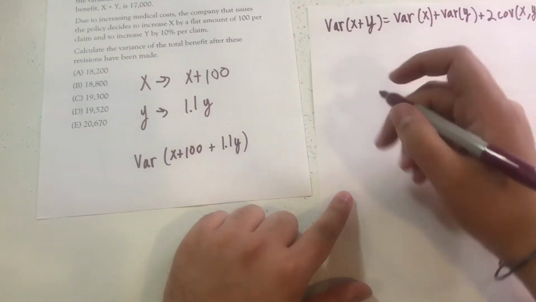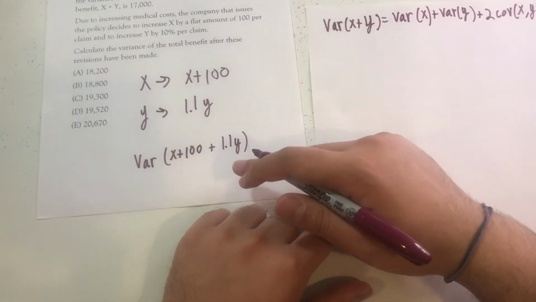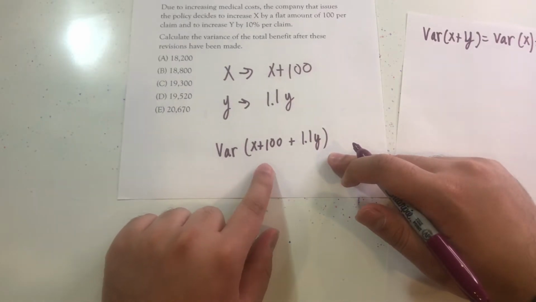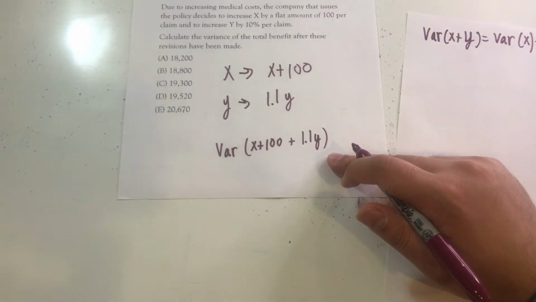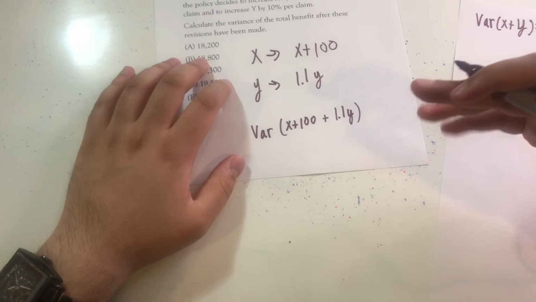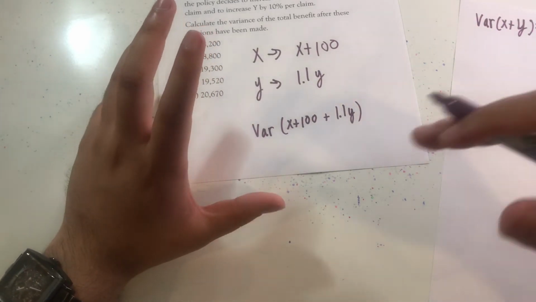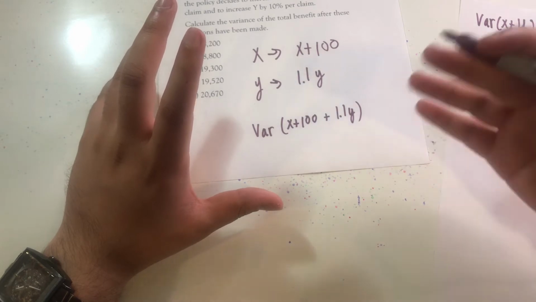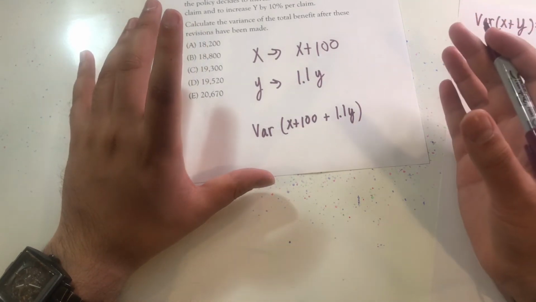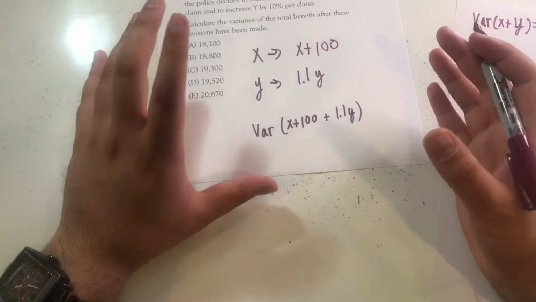So, calculating the variance here of X plus 100 plus 1.1 Y. Now, you should know that when you are calculating a variance and you're adding a constant inside that variance, it's equal to the original thing.